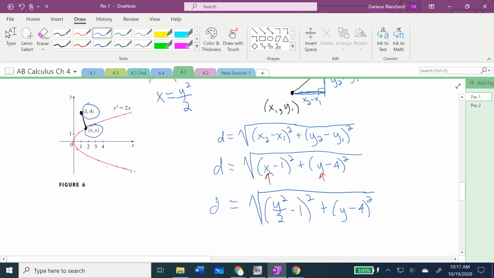And now we've reached that moment where we have an equation for what we're trying to optimize in terms of only one variable. I could look at this graph on a graphing calculator, where the y on the graphing calculator is representing the distance, and awkwardly the x is representing the y coordinate.